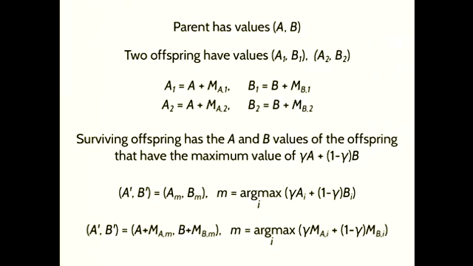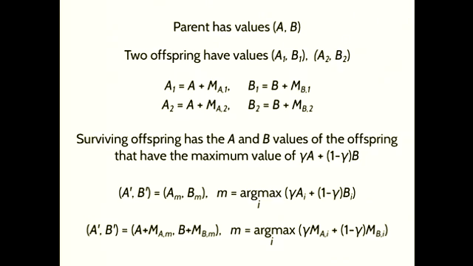Well, the A value of an offspring is just the A value of the parent plus a random variable with a normal distribution with 0 mean. The other offspring has the same thing, but of course this is a different random variable with the same distribution.